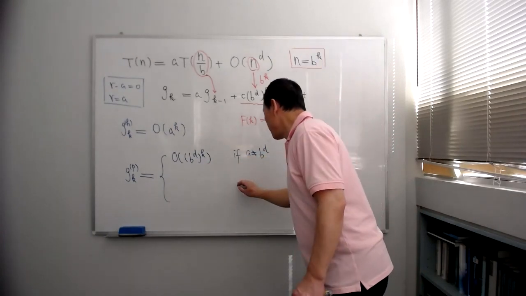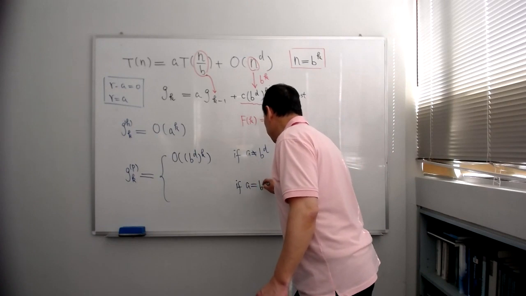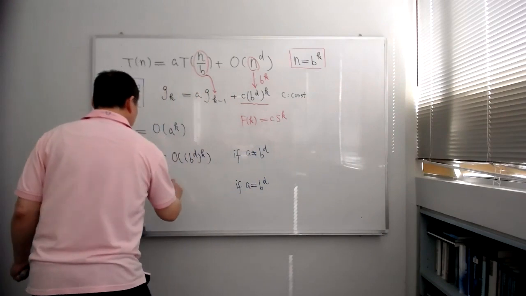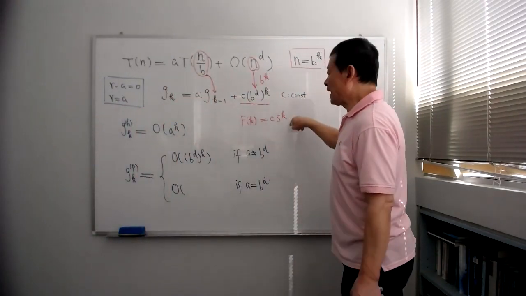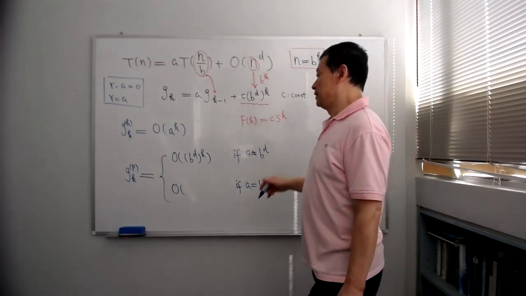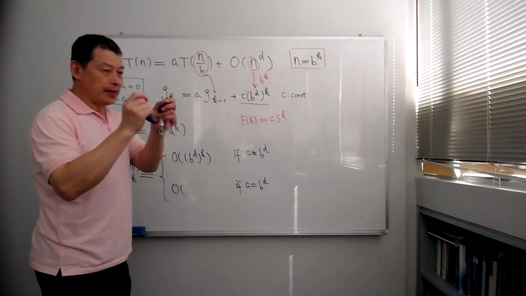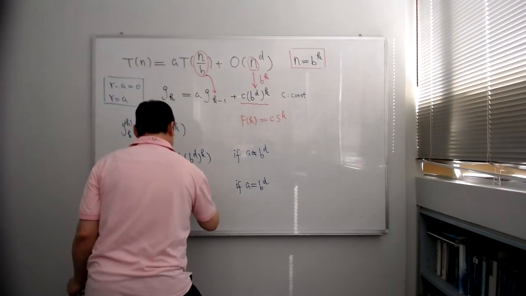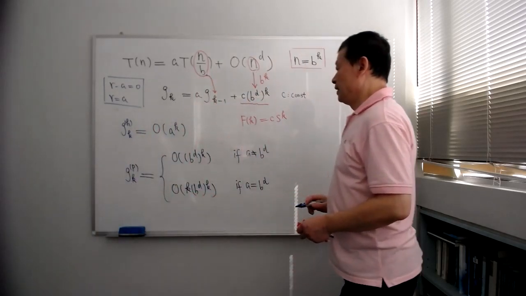Otherwise, a equals b to the power d, and in this case the solution will be this part times k. Again we don't care about the constant, so it's k times b to the power d, to the power k.